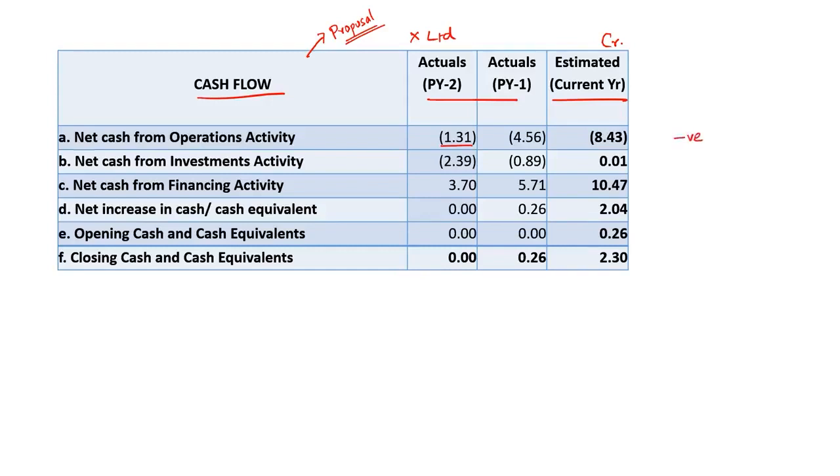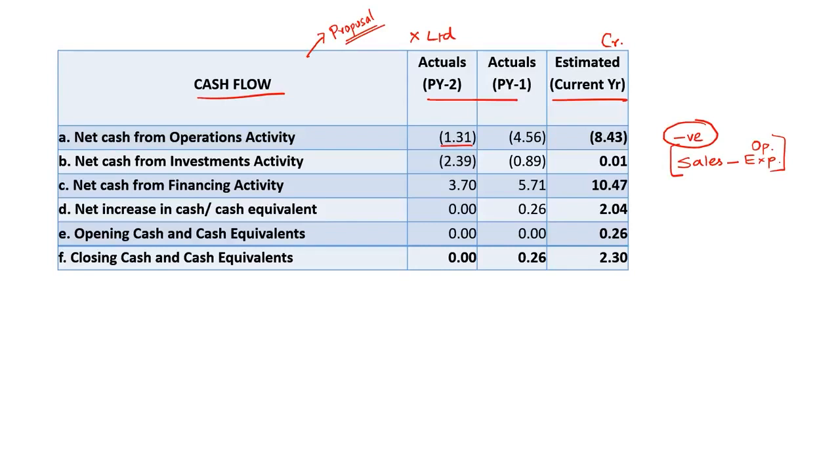When we say operations, it is the cash which they have generated from sales minus cash what they have incurred on their operational expenses. And eventually, if they look back, they have not generated any cash. They have actually used cash in their operations.